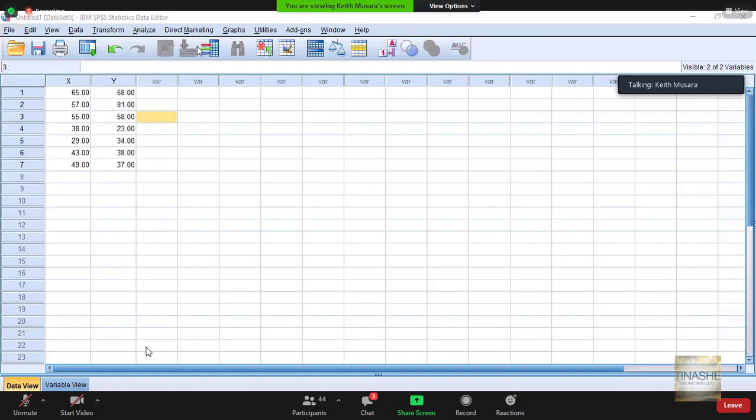So question number 16, we've got blood pressure and age. Now let's enter the variables. We go to variable view, then I enter X, and then Y. Then I go to data view so that I can enter my data.